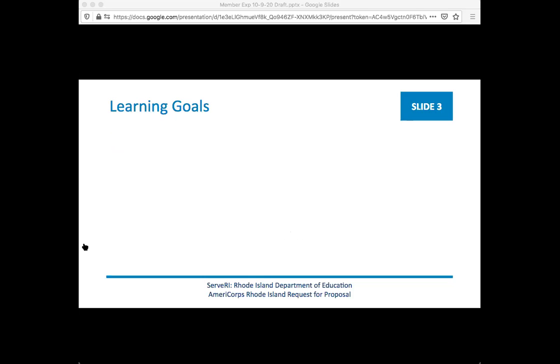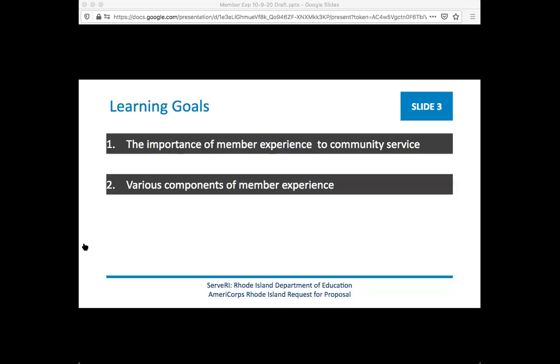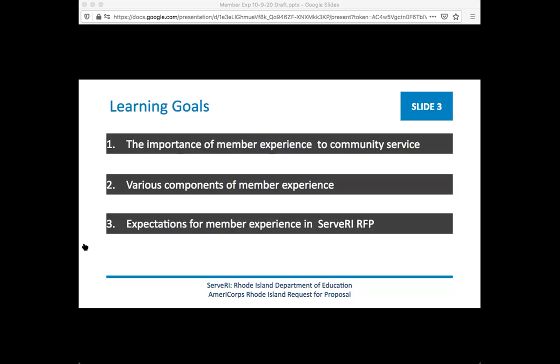So our learning goals for today are that you'll have a better understanding of the importance of member experience to community service, that you'll understand the various components of member experience, and that you'll understand the expectations for the member experience in the RFP.